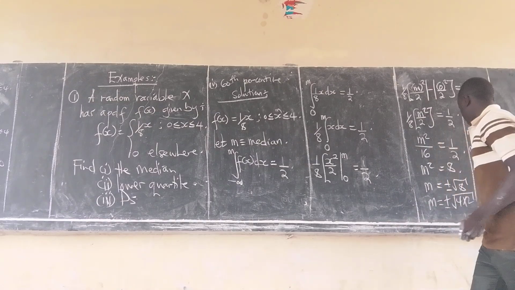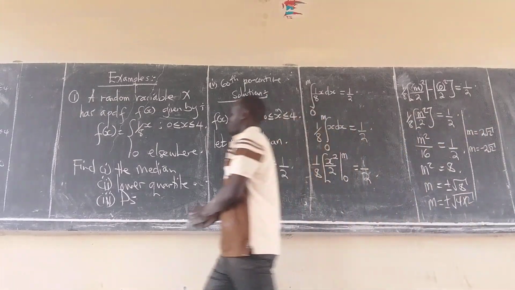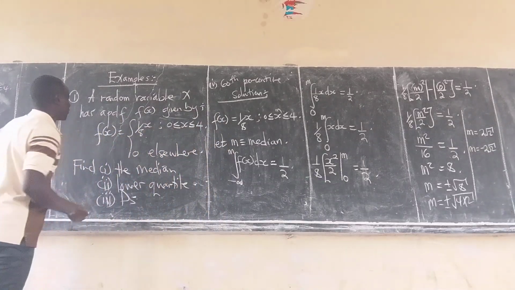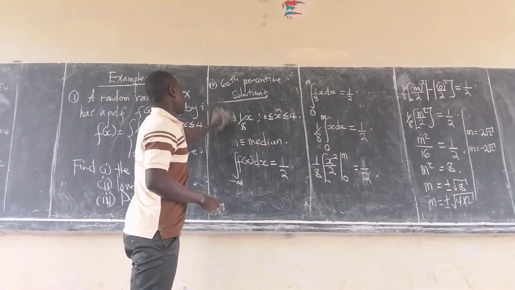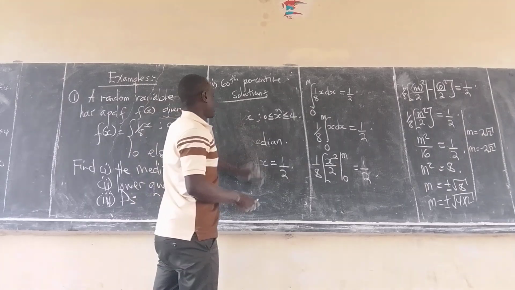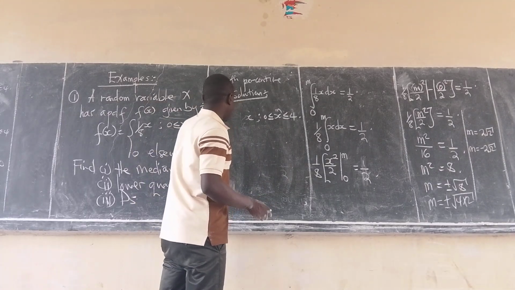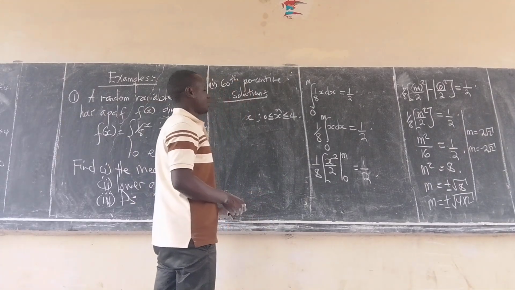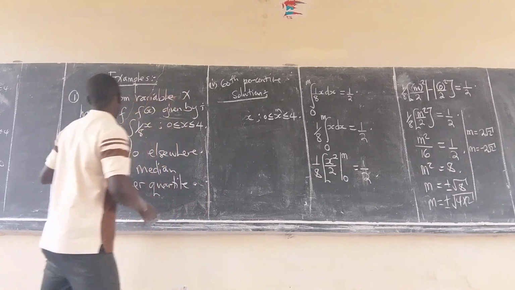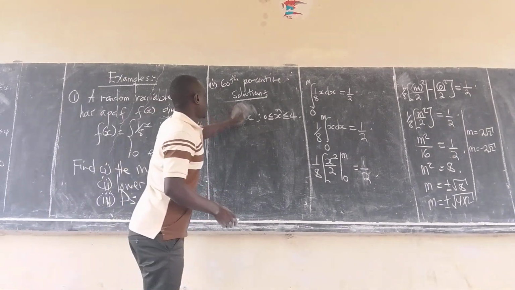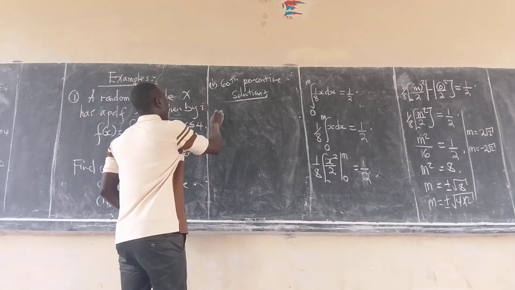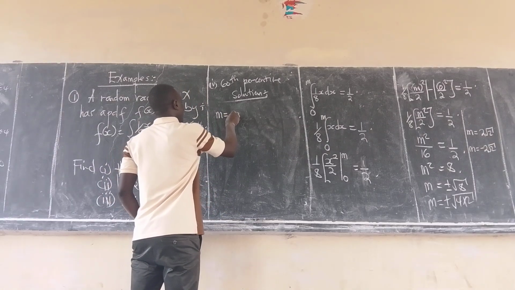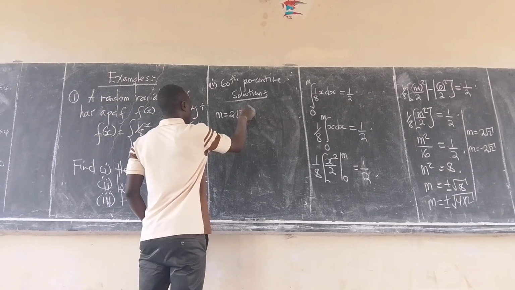Now after getting the two probable values of m, of course one of those values must be the median. But it will be the median if it is lying between the two x values in which the PDF is defined. So we have the first m, which is 2 root 2.